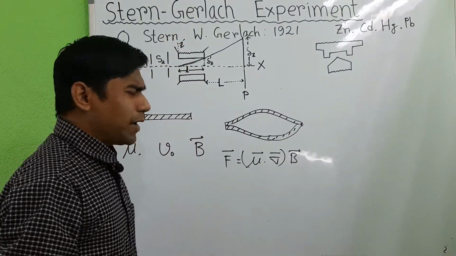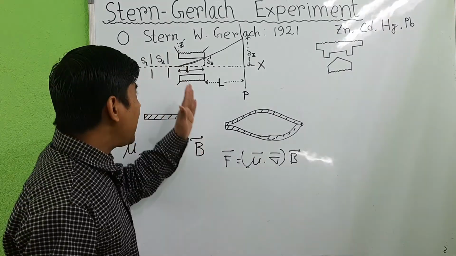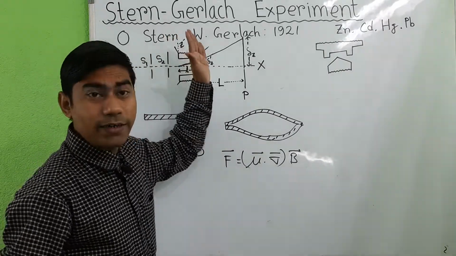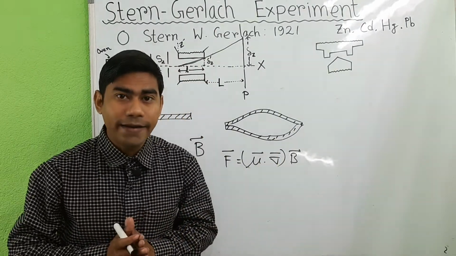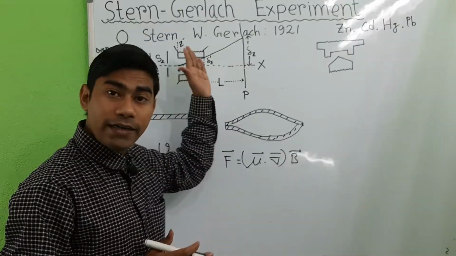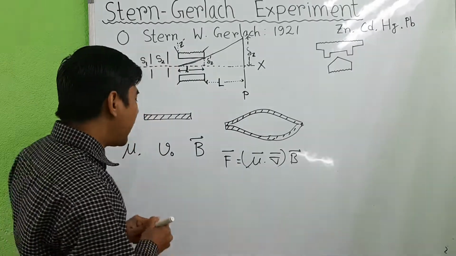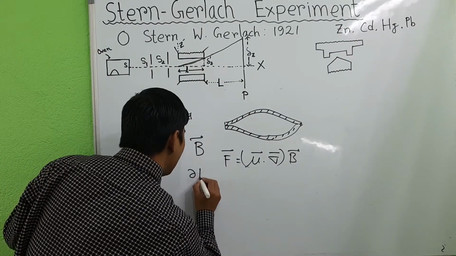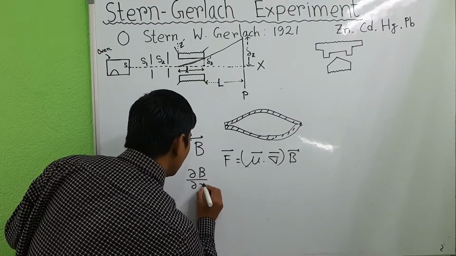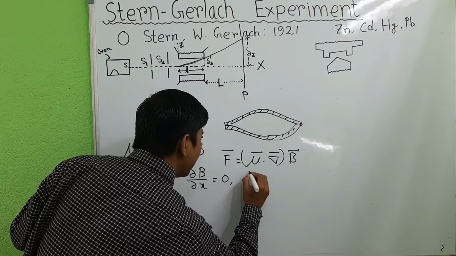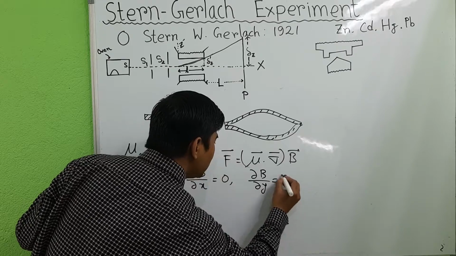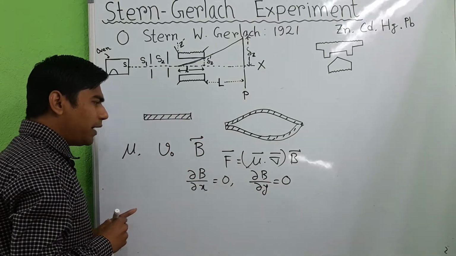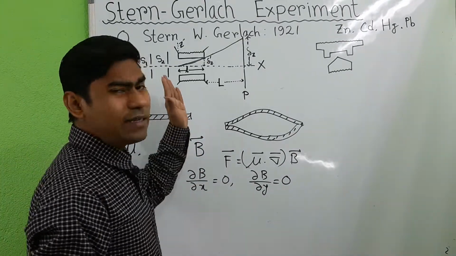Since magnetic field B acts only in the z direction, the field has a gradient only in the z direction. So we may write del B del x equals 0 and del B del y equals 0.